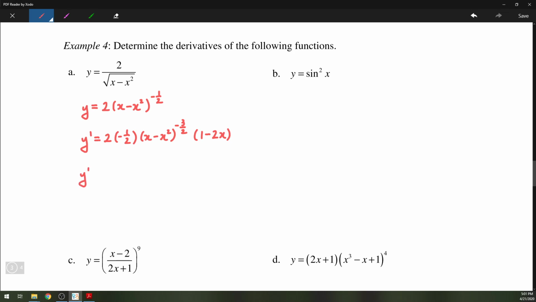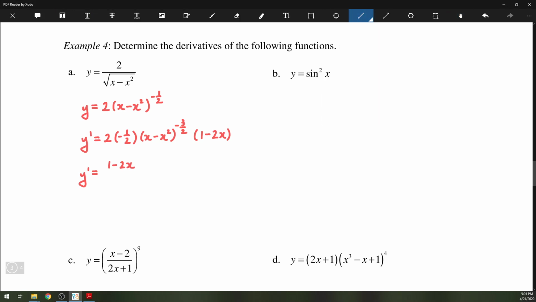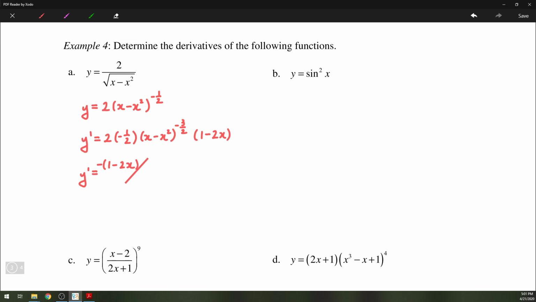This would be y prime equals 1 minus 2x all over... Oh, I forgot a negative sign. Sorry about that. There's a negative sign from here. So that would be negative, and then in parentheses, 1 minus 2x. Or you can write it as 2x minus 1 too.